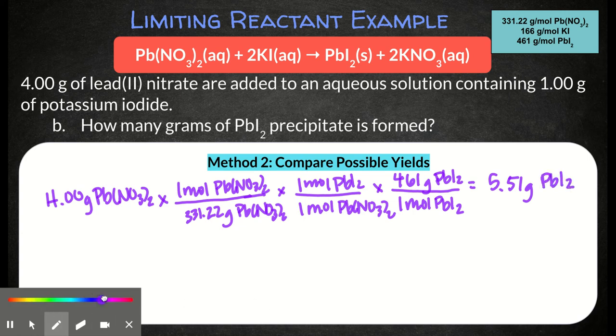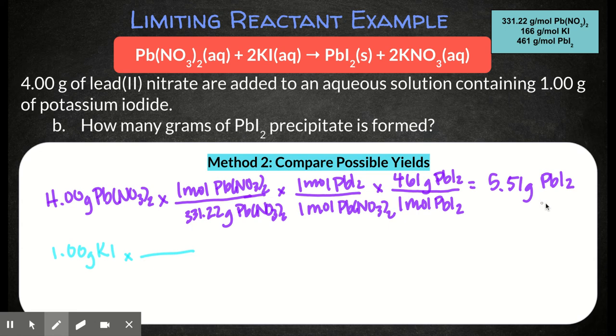Now, let's look at instead my 1 gram of potassium iodide. We actually did this calculation in our other method. And so we said if we had 1 gram of potassium iodide, how much lead 2 iodide could be formed. And so this was 1 mole KI is equal to 166 grams of KI.